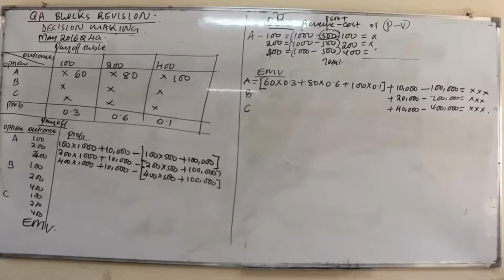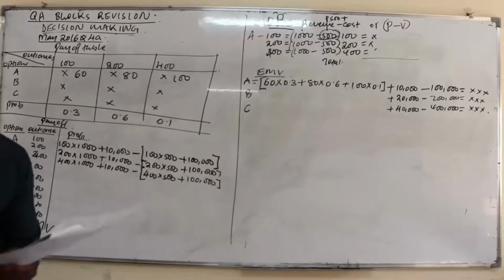Before we do, I want us to do one question on multiple decisions. Multiple decisions. So take out your handout. Take out your handout. You go to handout page 8. Handout page 8, question 2.